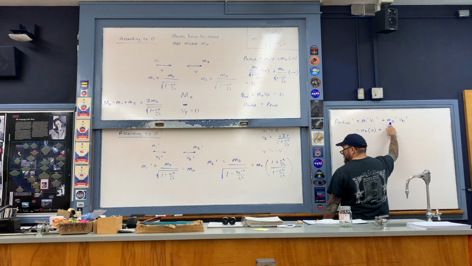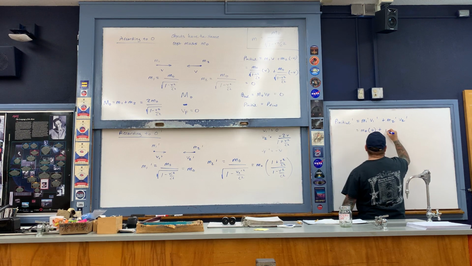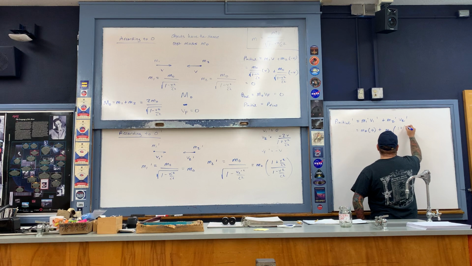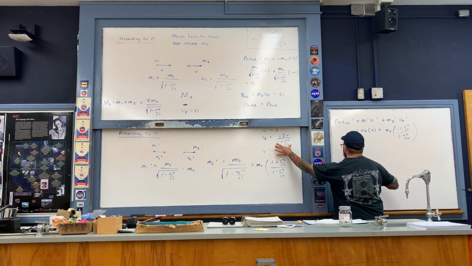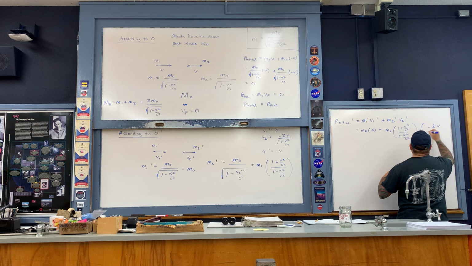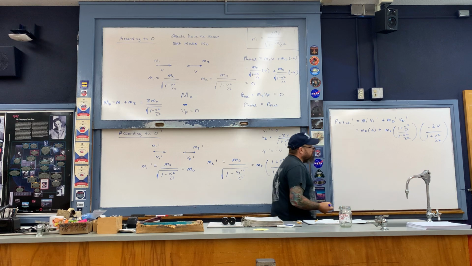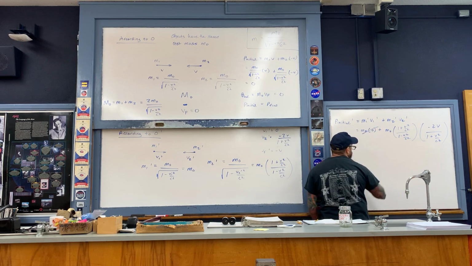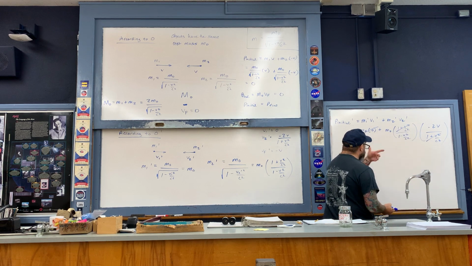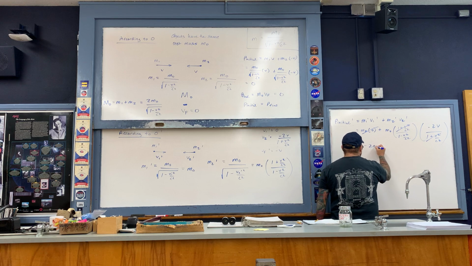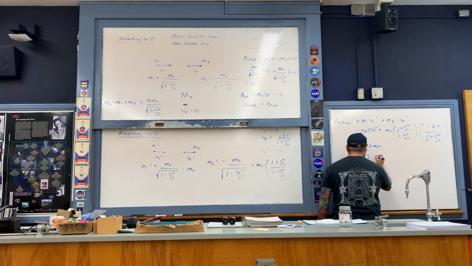Then I have M2 prime, which is this, multiplied by V2 prime, which we found earlier from the Lorentz transformation. The first term is equal to 0, and in the second term this factor cancels out with this one, so we can rewrite and simplify a little bit. When we do, we end up with this rather messy looking expression.